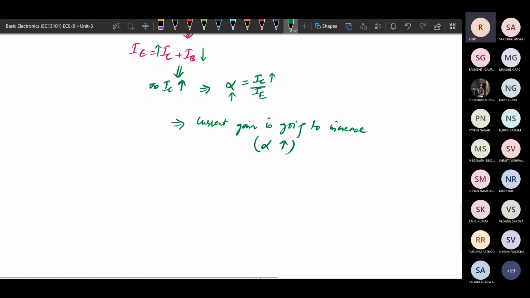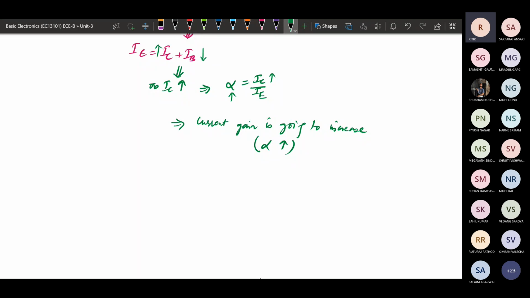Okay, and because of the base width modulation, the overall base current is going to reduce, and because of that alpha, the current gain, is going to increase. So this is your base width modulation.